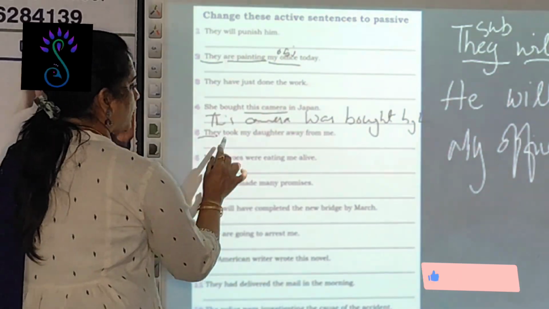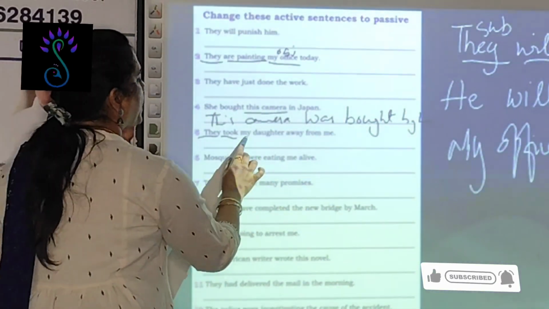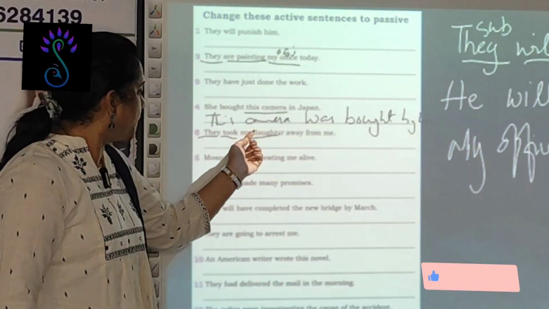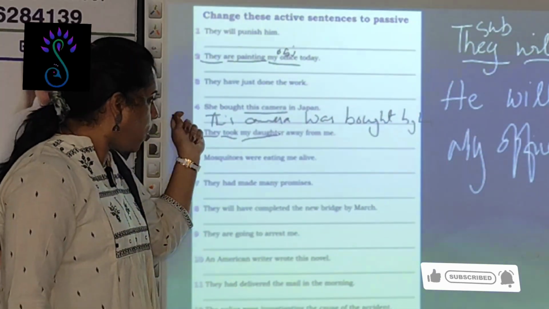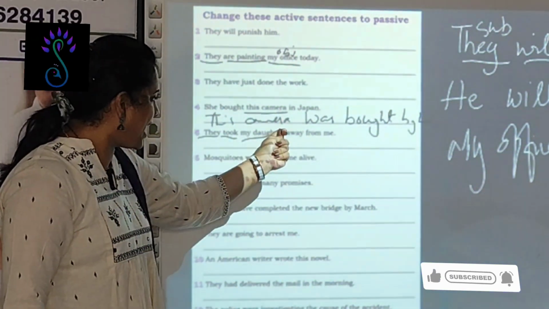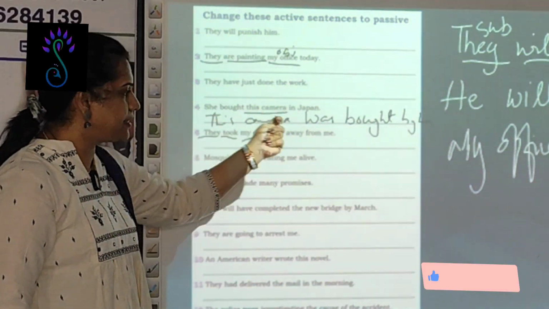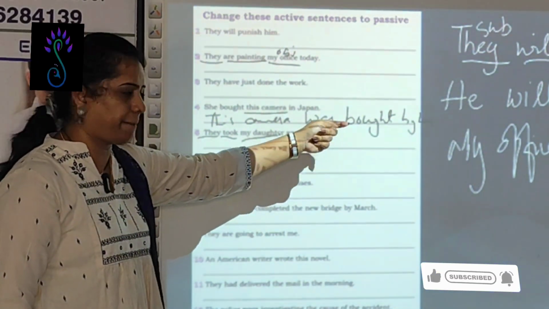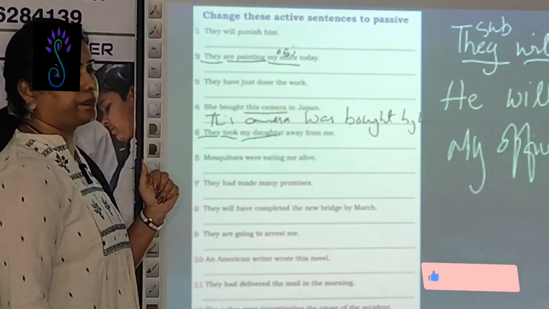They is subject, took is past tense, my daughter is object. My daughter was taken away by them. My daughter was taken away from me by them.